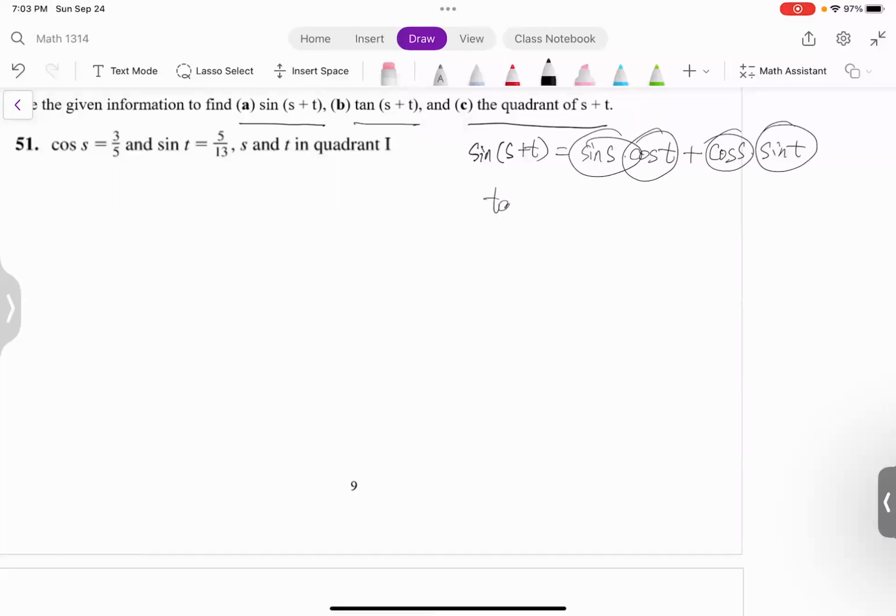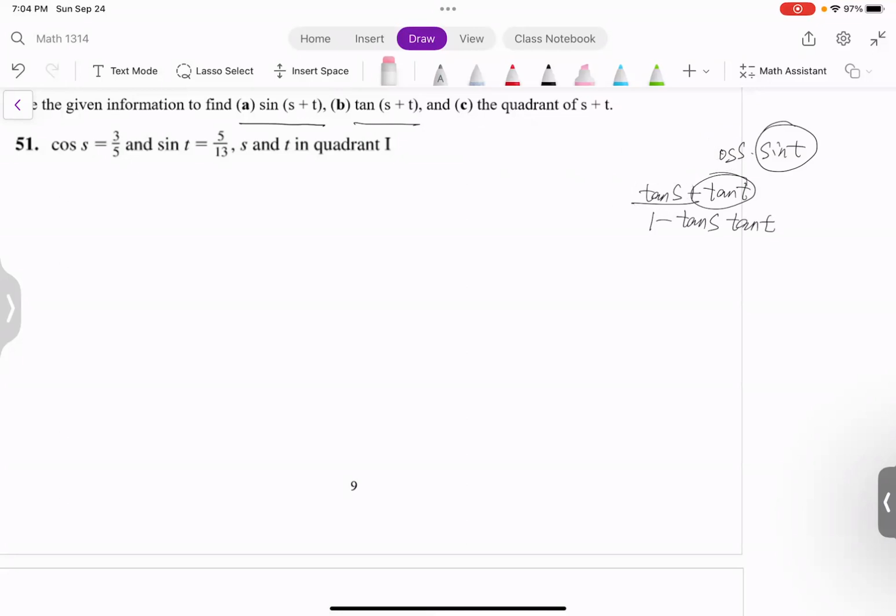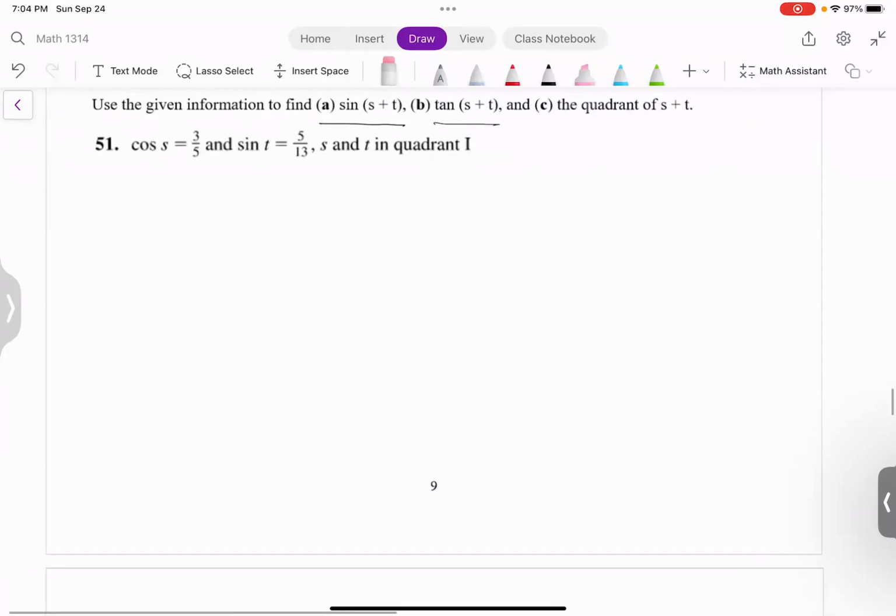If I want to find tangent of s plus t, I need tangent s plus tangent t over 1 minus tangent s times tangent t, so I need tangent s and tangent t. So let's find the missing information first, and then find the sine and cosine of s plus t.